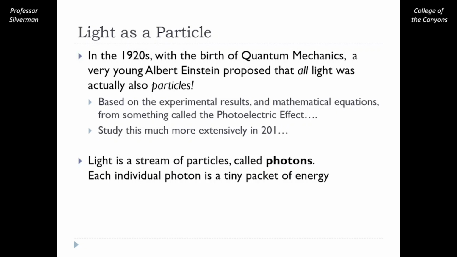There's one other property of light that we can think about, and that is the energy. The energy of light actually is a little bit counterintuitive based on physics from a few hundred years ago. And actually in just the 1920s, a young Albert Einstein was able to describe the energy of our light based on its frequency.